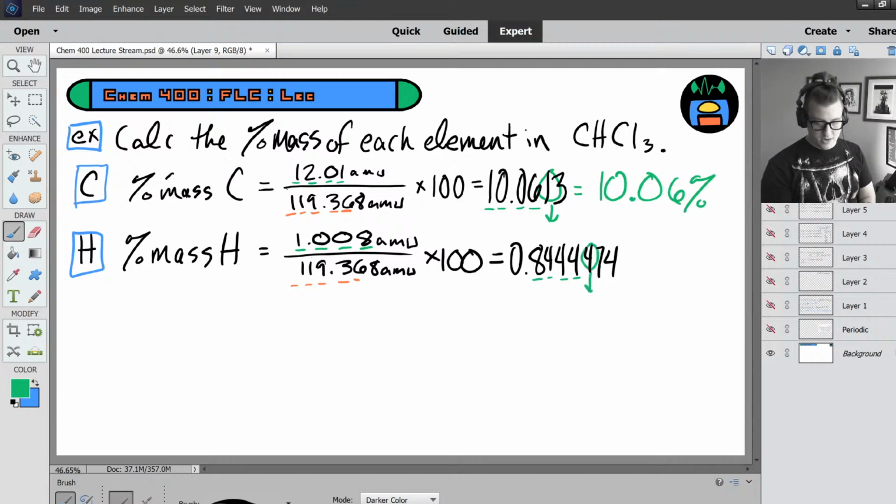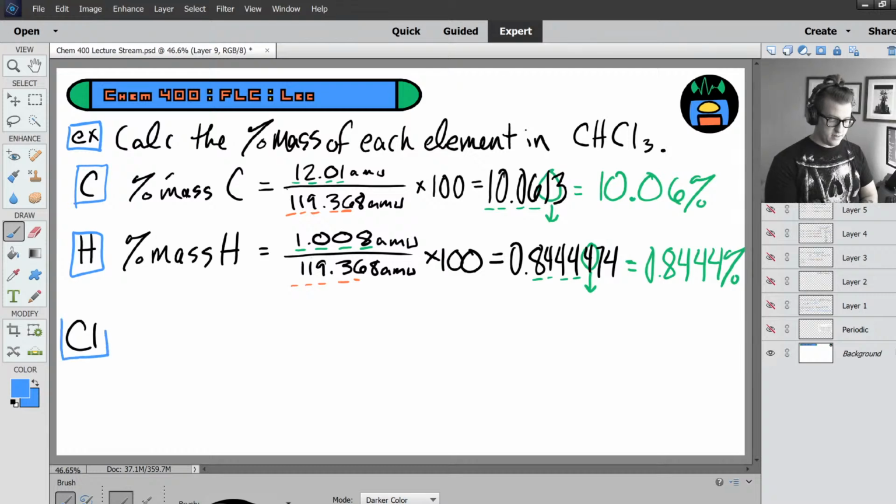This 4 will round down, and so our percent mass of hydrogen will be 0.8444%.